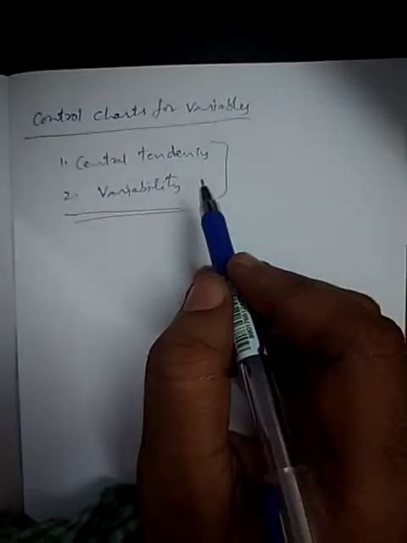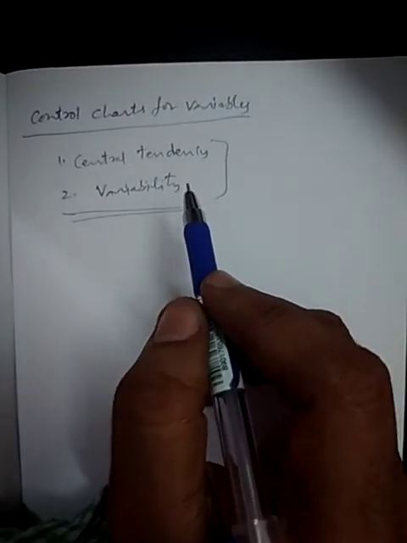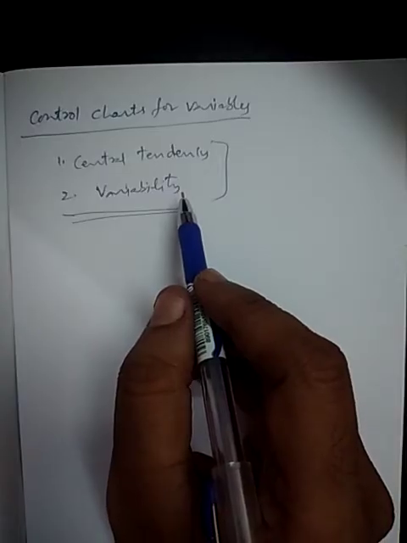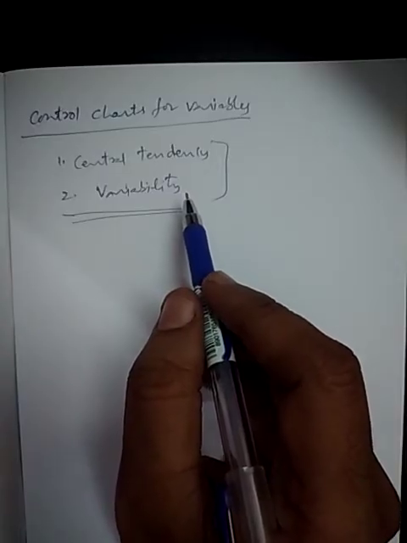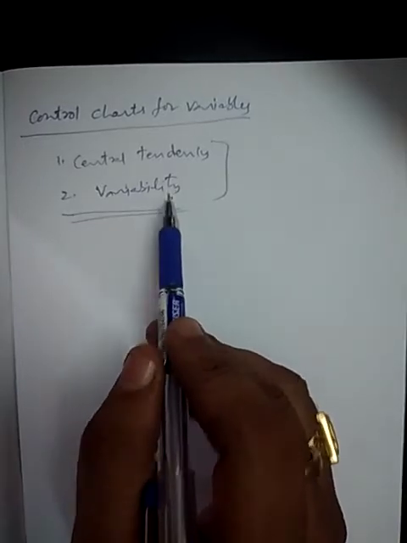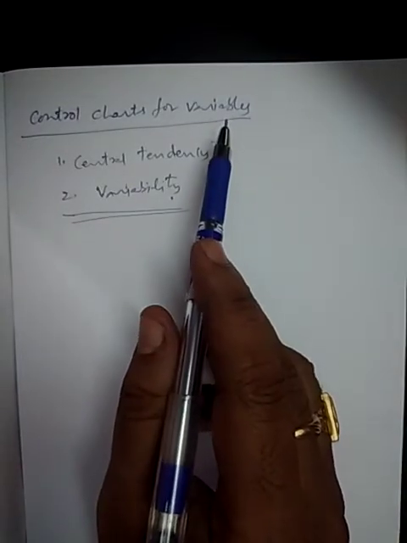These two are collectively known as control charts for variables. Any control chart which is constructed for central tendency or for variability is known as a control chart for variables.